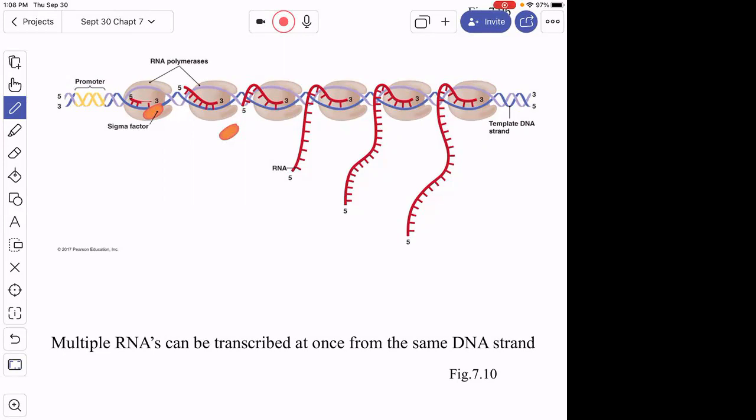Lots of RNA polymerase enzymes can be binding at the same time. Okay, and we think that happens in both bacteria and eukaryotes, both. Okay, and especially if it's encoding some protein that the cell needs a lot of.